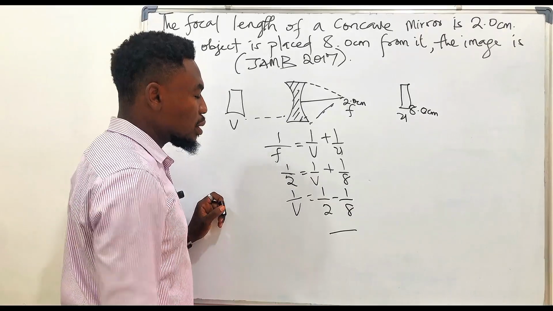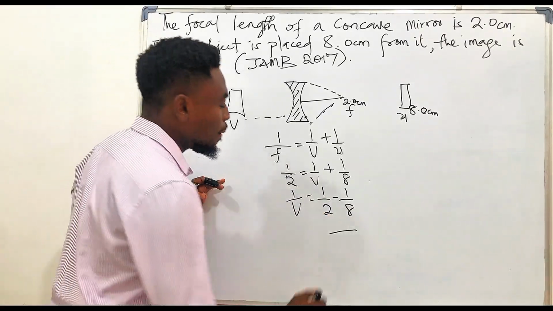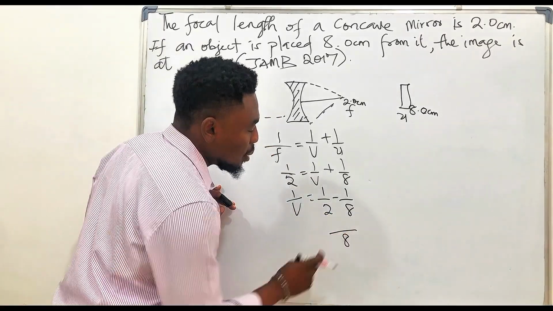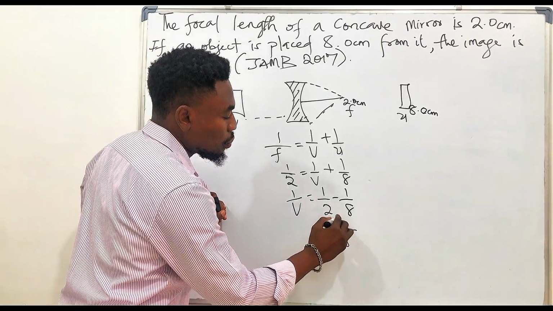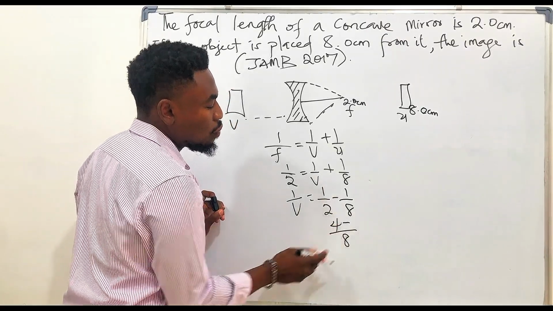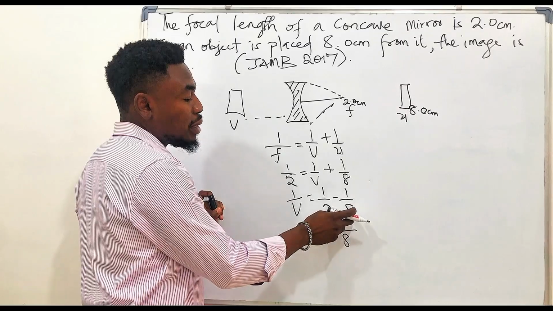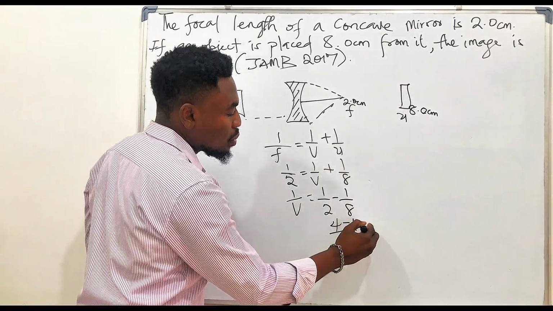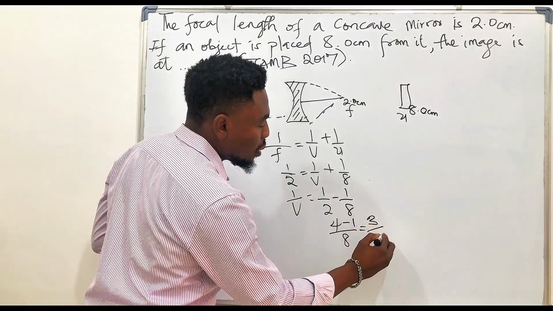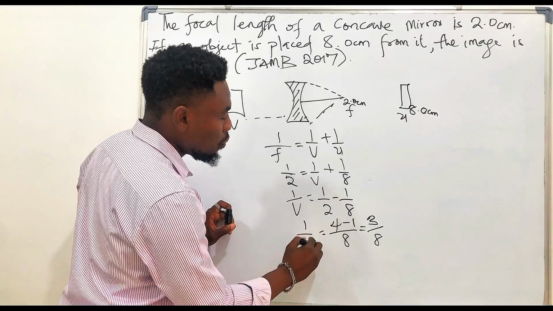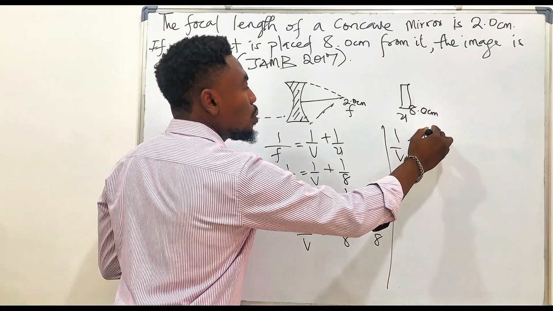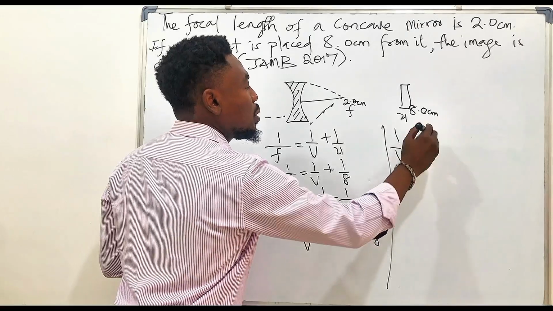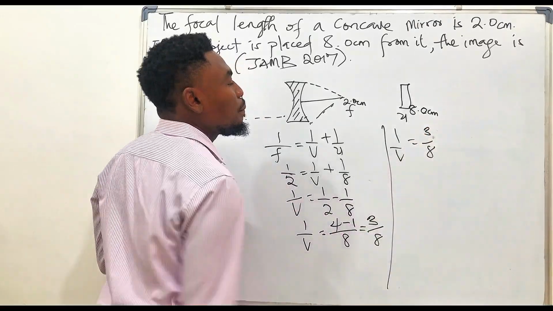We can look for the LCM, which here is clearly 8. 8 divided by 2 is 4 times 1 is still 4. So we have 4 minus, 8 divided by 8 is 1 times 1 is still 1. So it's equal to what? 3 over 8, which is equal to 1 over v.